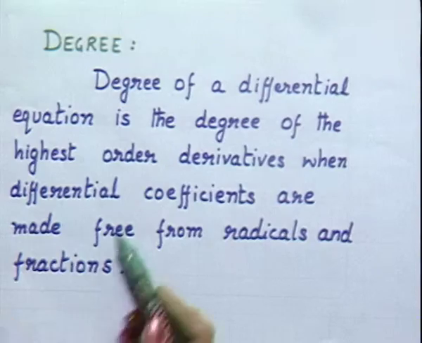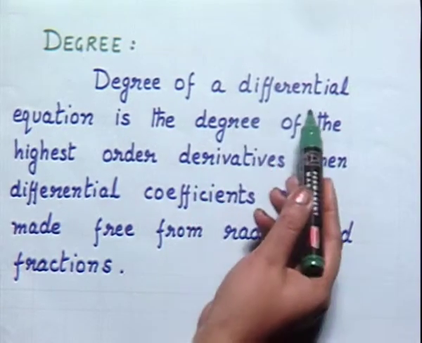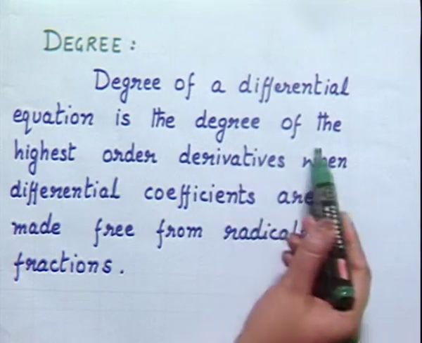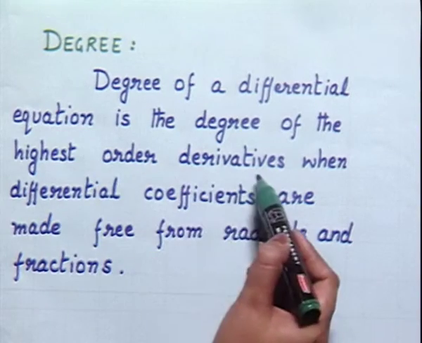The second concept, that is the second way the classification is done, is a more careful one to be observed and learned, and that is what we call the degree of a differential equation. So, what is the degree of an equation? Take a look. The degree of a differential equation is the degree of the highest order derivative.